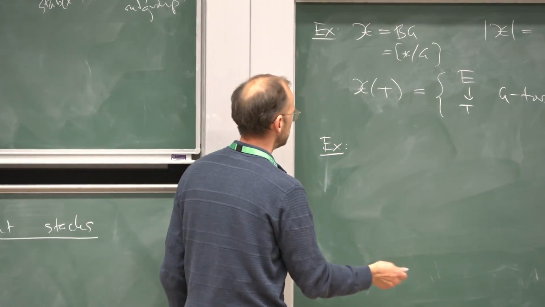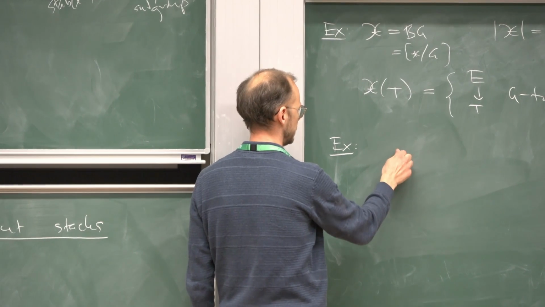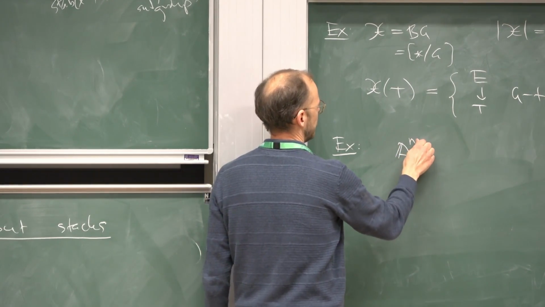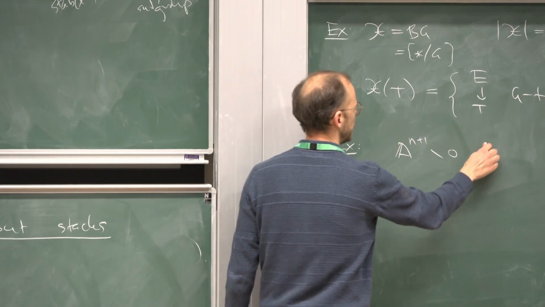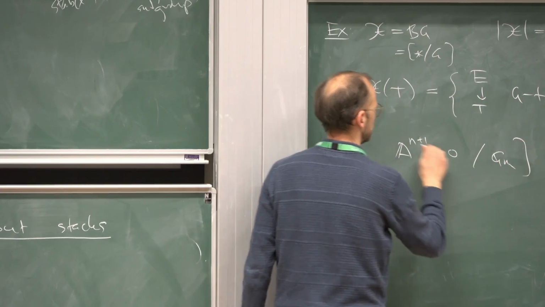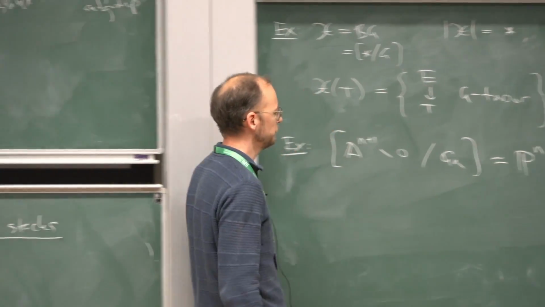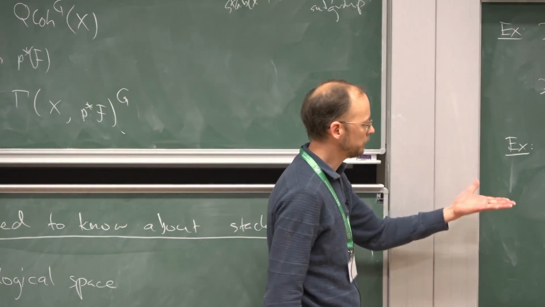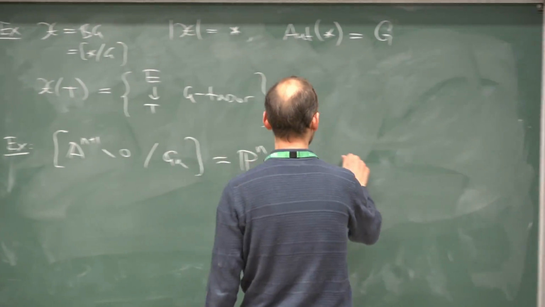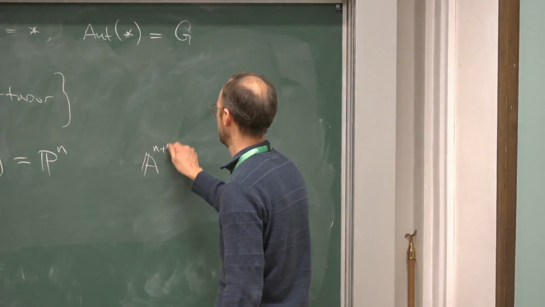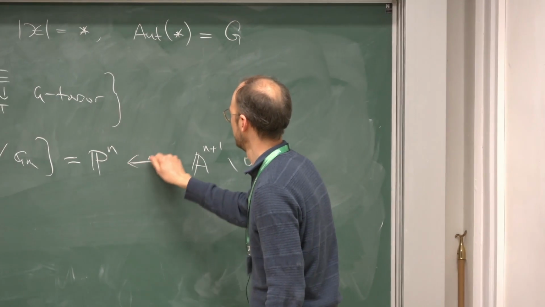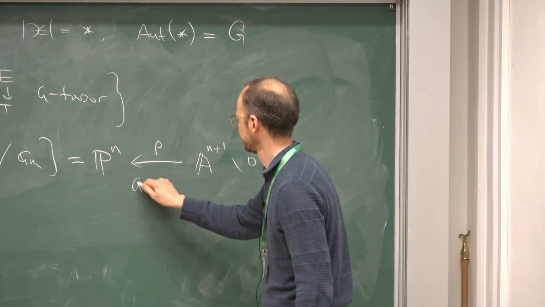Okay. And then if we do something like A^(n+1) minus 0 mod Gm, this will just be P^n, and my atlas in this case is just the universal G_m-torsor.